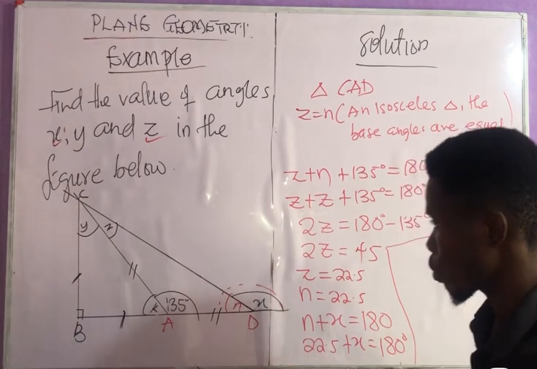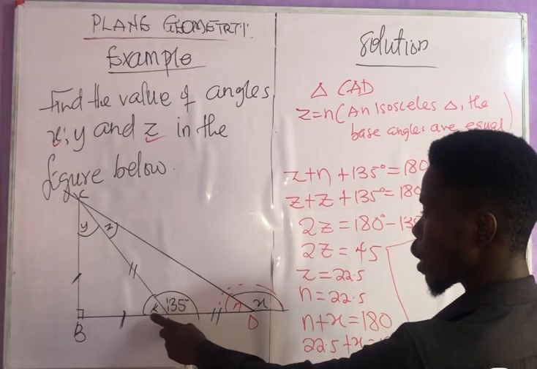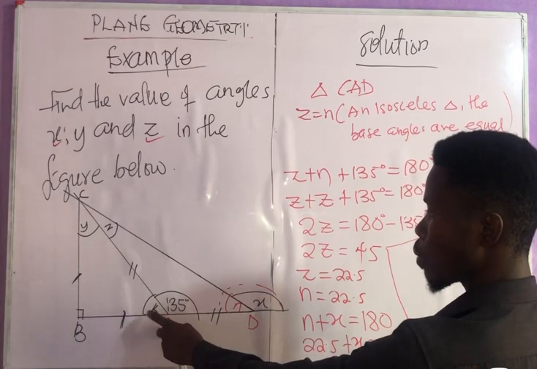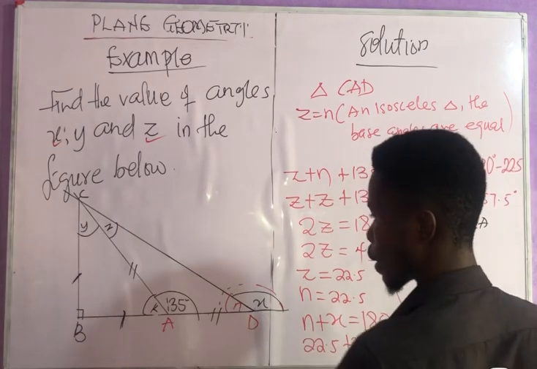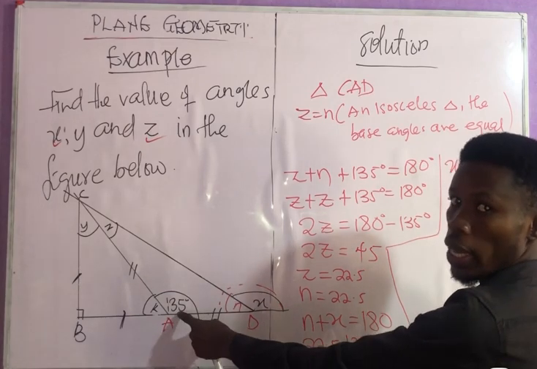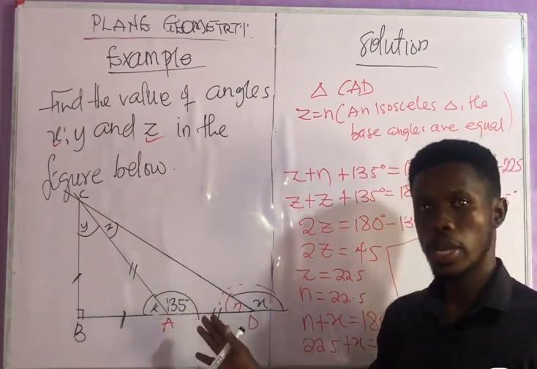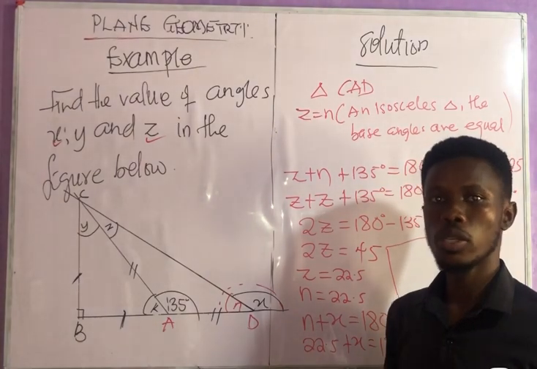But before that, you need to search for this K first. Once you get K, then you can get y. And this K and this 135 are on a straight line. I hope you can see that. And know that angles on a straight line sum up to 180.